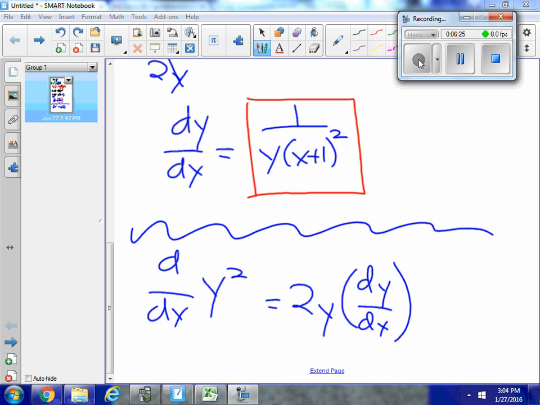That's the mechanics of this. It's telling me that y is a function. So I know that my derivative here is going to be 2y, but it also has to multiply by the inside function, which I can't really see, but that I know is the derivative of that inside function, dy dx.